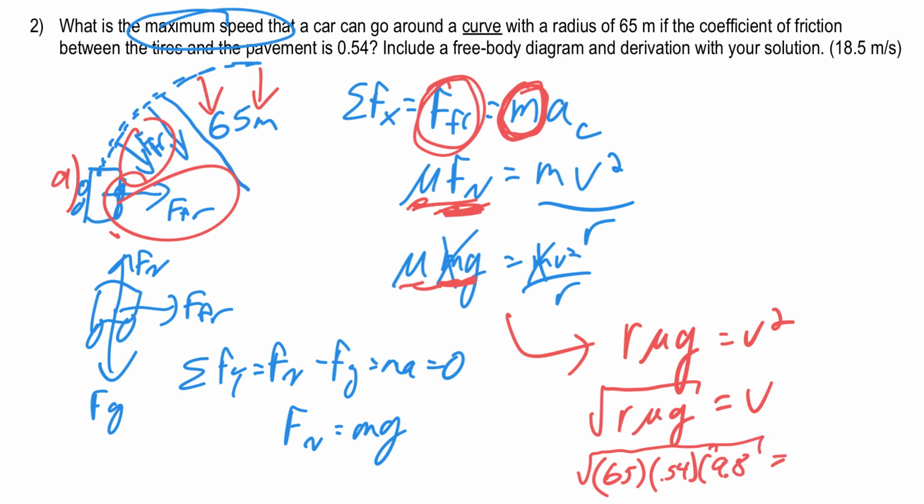Solve that, and you should get 18.5 meters per second. So again, that's the maximum speed. If we go faster, we're going to start skidding out. If we go slower, we're good to go. All right, let's move on to the next one.